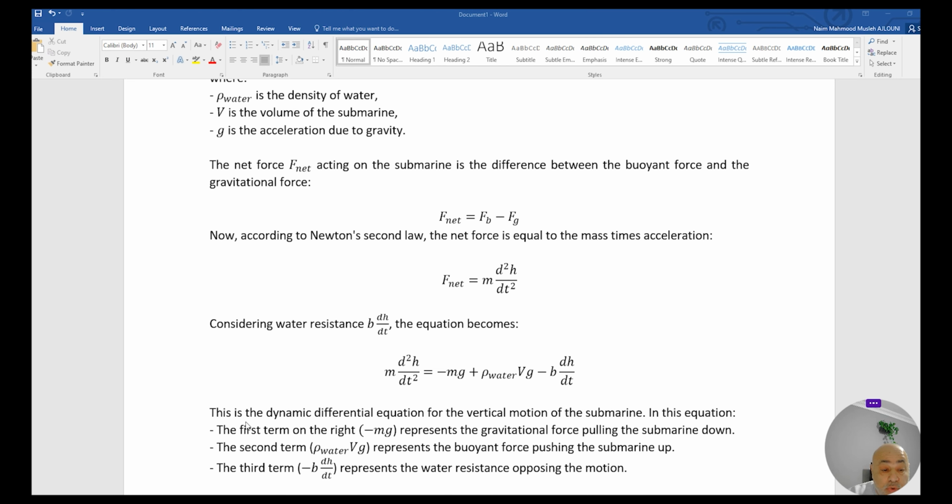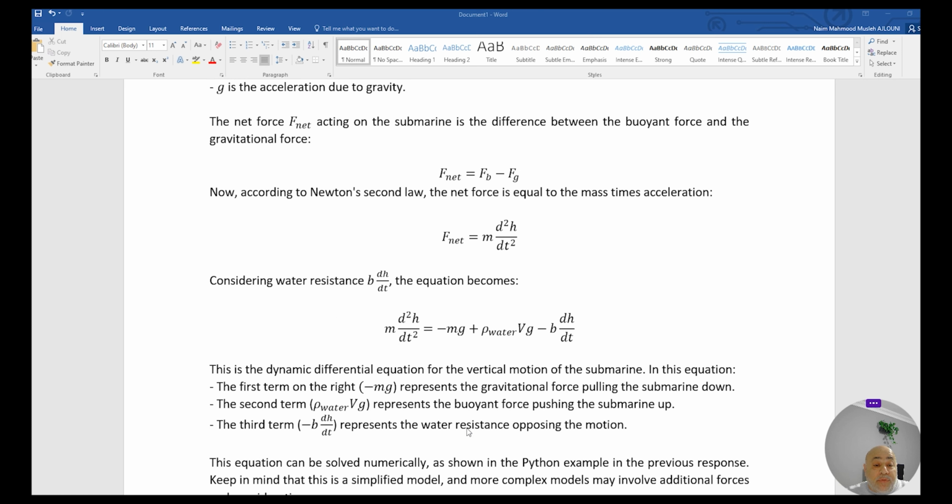Now, you need to understand what these terms are. The first term, minus mg, is the gravitational force pulling the submarine down, while the buoyancy force, rho Vg, is the force pushing the submarine up, and the third term, minus b dh by dt, is the water resisting and opposing the motion.